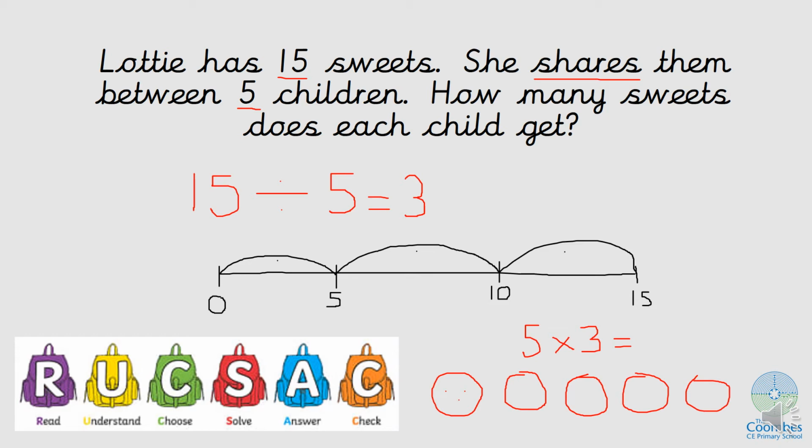Now to count these up, to make it quicker, I'm going to count in threes. So we've got, with the first bubble first, 3, 6, 9, 12, 15. So we were right. Well done us.